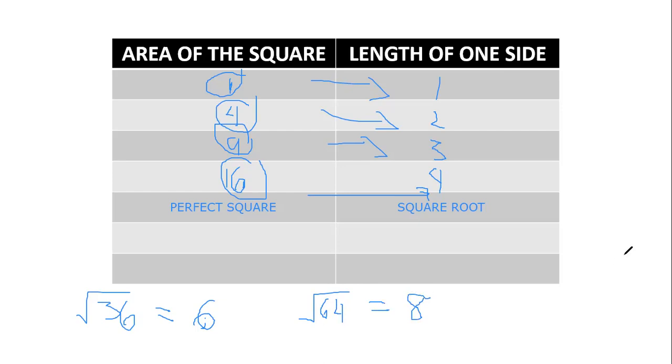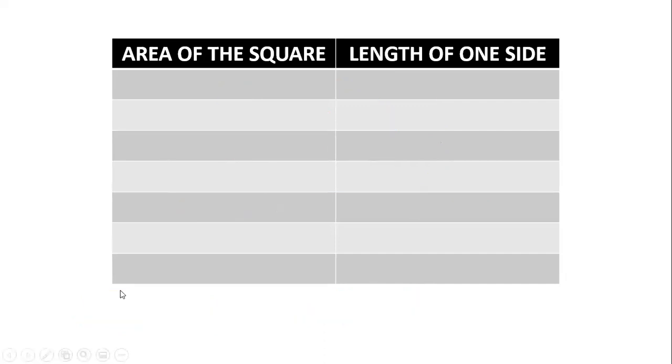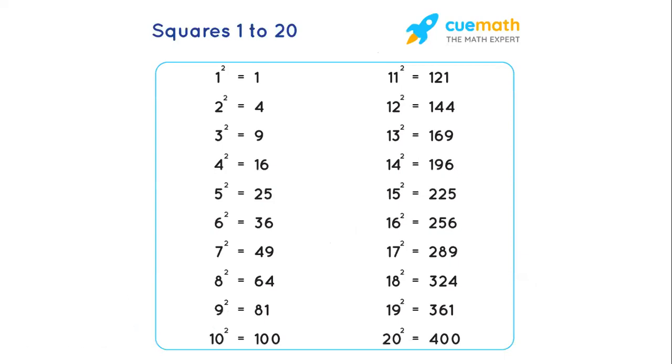So if you complete the chart, you will see all of the lengths as your square roots and all of the areas of the squares as your perfect squares. That is how related those things are. Okay. So if you go back here, it's in the Google Classroom, the notes.